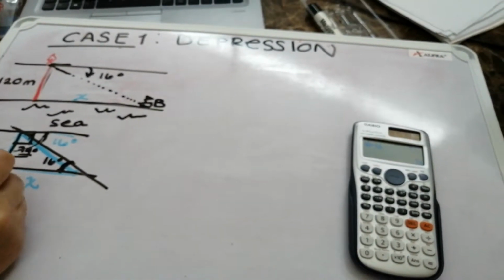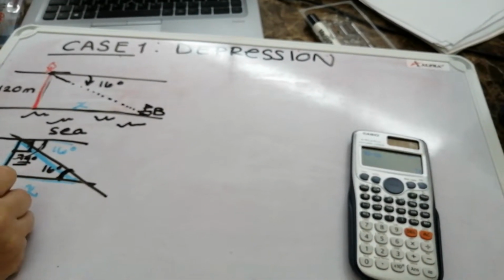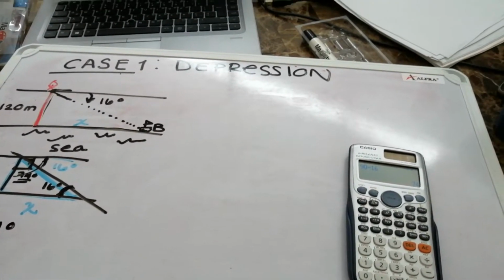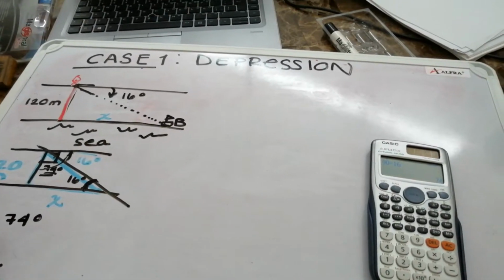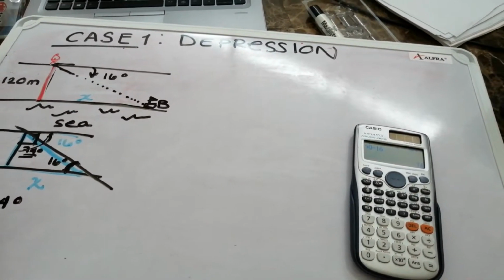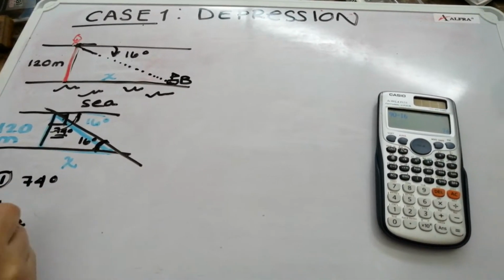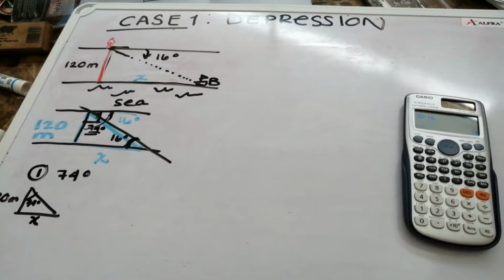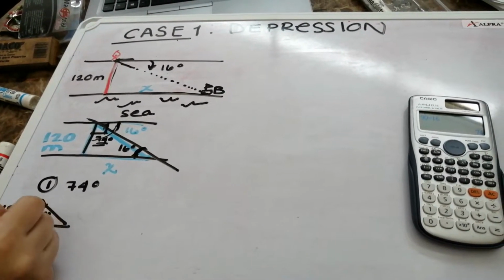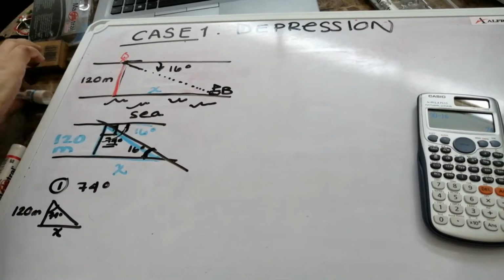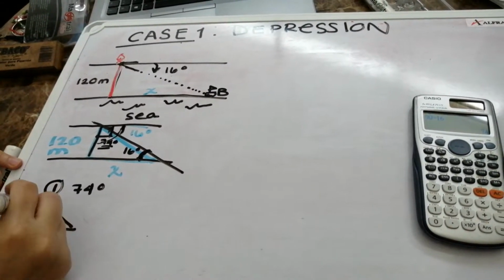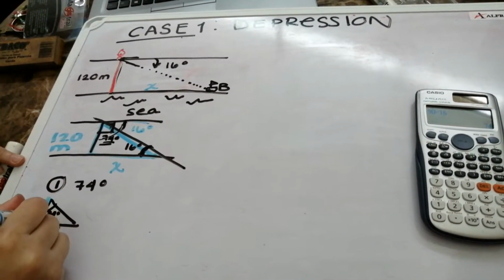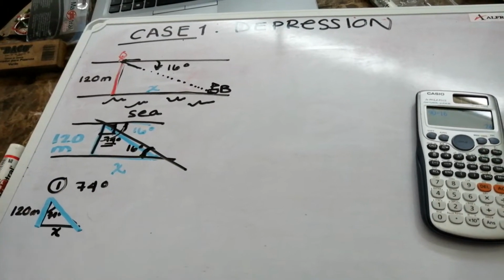When using the 74-degree angle, then I have a triangle with 120 meters, an angle of 74 degrees, and I'm looking for this x right here. So according to the angle, what information do I have? The 74-degree angle is formed by these two sides.